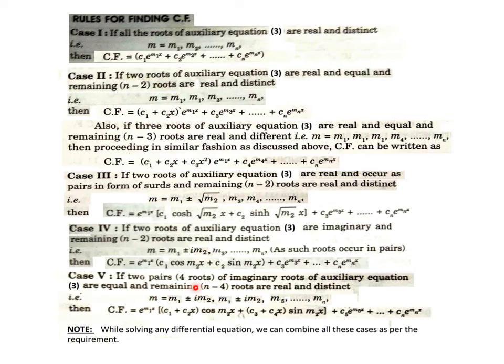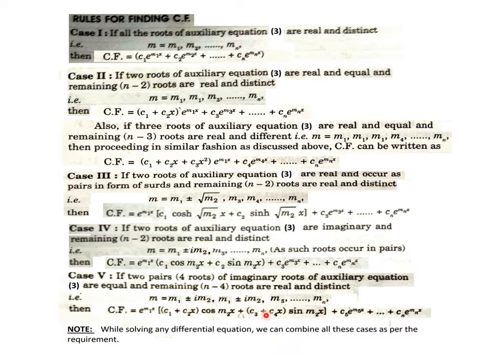Because two pairs are also equal here, so c1 plus c2x kind of series here, and then c3 plus c4x, that kind of series is obtained with cos and sine both. Why cos and sine? Because for complex roots we have cos and sine of the imaginary part. The imaginary part is m2, so cos m2x and sin m2x appear there. That is, we mixed case 4 and case 2 together.